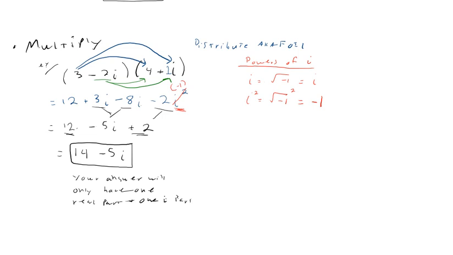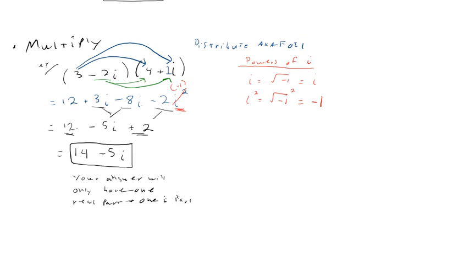Okay. But when we multiply, sometimes we get bigger exponents too. We can have an i to the 3rd power, i to the 4th power, i to the 10th power. How do we deal with different powers of i? Well, I'm going to show you here.